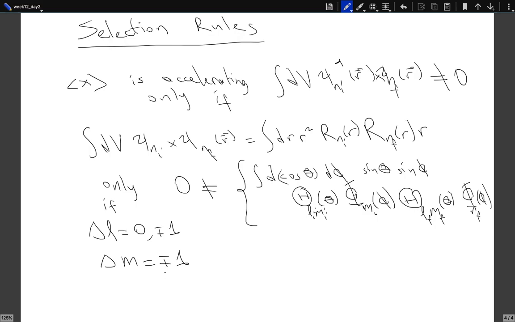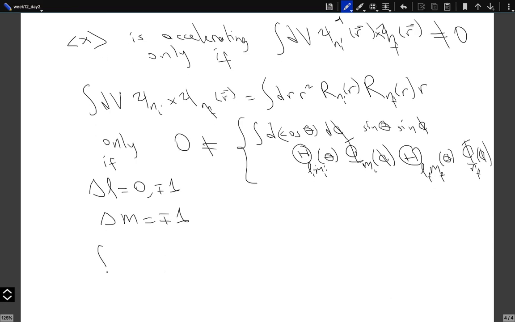Well, it's easy to see this one. Let's see that one. Delta M should be equal to plus minus 1. Now, if you look at the phi integral, d phi, you have the sine phi, this one is conjugated. Then you have the e to power minus i mi phi, times e to power i mf phi.